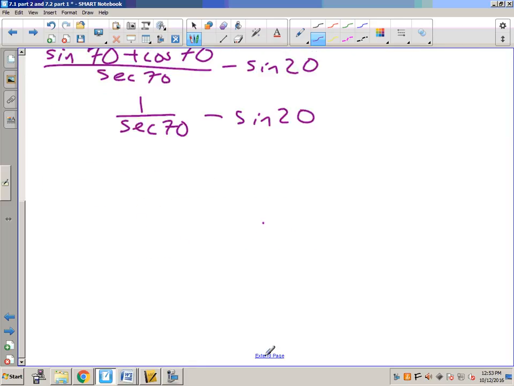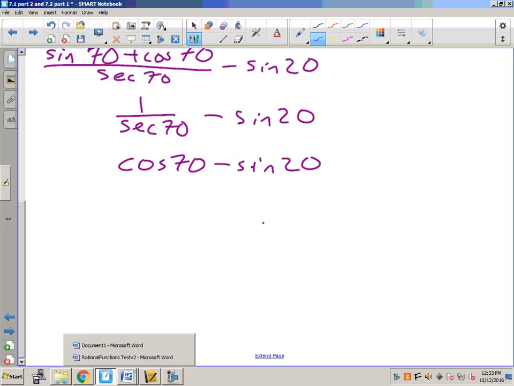Instead of 1 over secant 70, let's write it as the cosine of 70, because cosine is 1 over secant. And we're either going to change that cosine 70 into a sine 20 or the sine 20 into a cosine 70. Either way, it doesn't really matter. Let's change this into a sine 20. Cofunction and complementary angle.